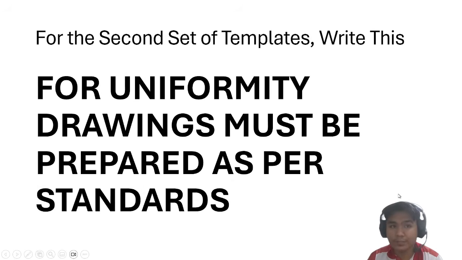For the second set of templates, you're going to write this one: For uniformity, drawings must be prepared as per standards. But this letter M should not be seen as the letter M for your letterings, because we have a template or a guide for the letterings that we are following.